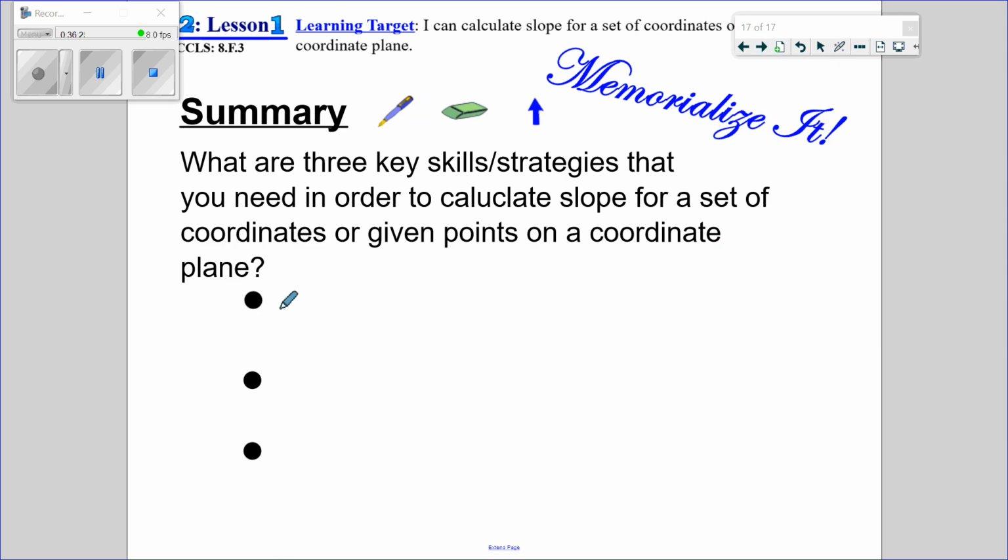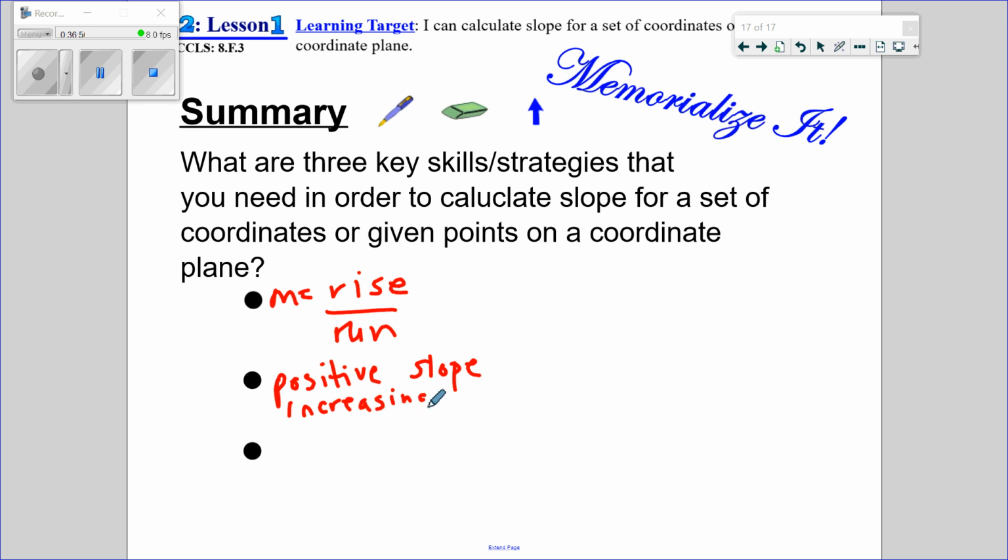Summary. So let's see. The formula we were using was M equals rise over run. We can identify a positive slope. It's increasing from left to right.